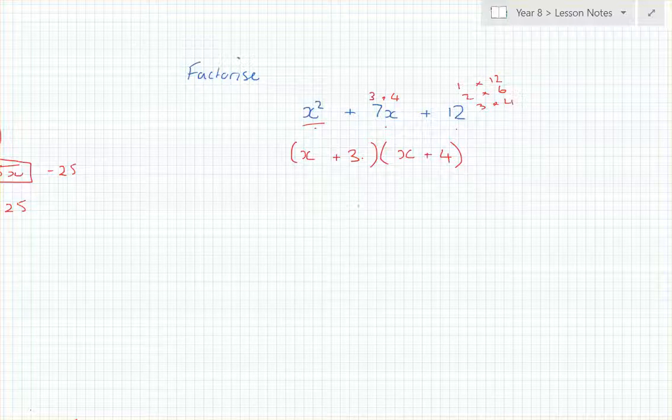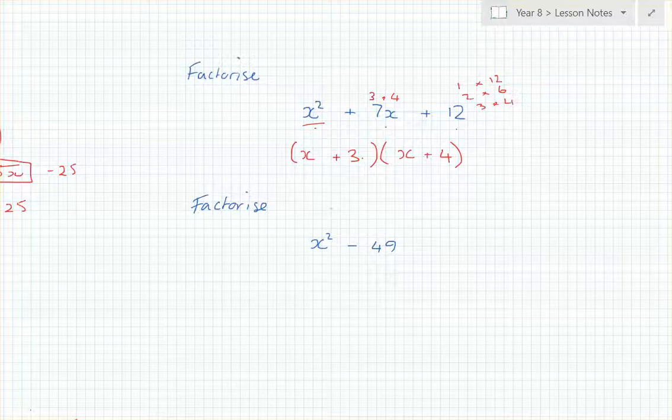If I said to you, as I will in the future, factorise x squared minus 49, unless you remember the difference of two squares, you're going to say it doesn't factorise because there's not three parts. I said to you here there are 3 bits, that leads to double brackets. It's not got 3 parts.